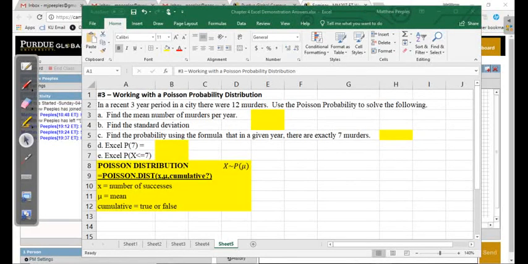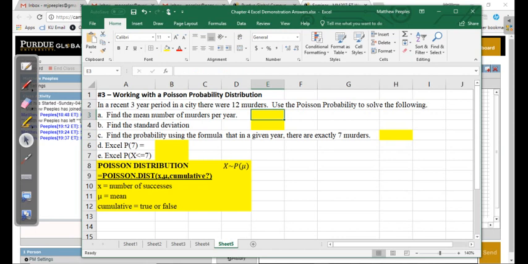Let's just take a look at what I've got there. So let's say in a recent city, there were 12 murders, right? In a 3-year period, there were 12 murders. Let's use the Poisson distribution to find the following. What is the mean number of murders per year? Well, we said there were 12 murders in a 3-year period. So one way of figuring this out is just simply to take the 12 murders and divide it by 3 years.